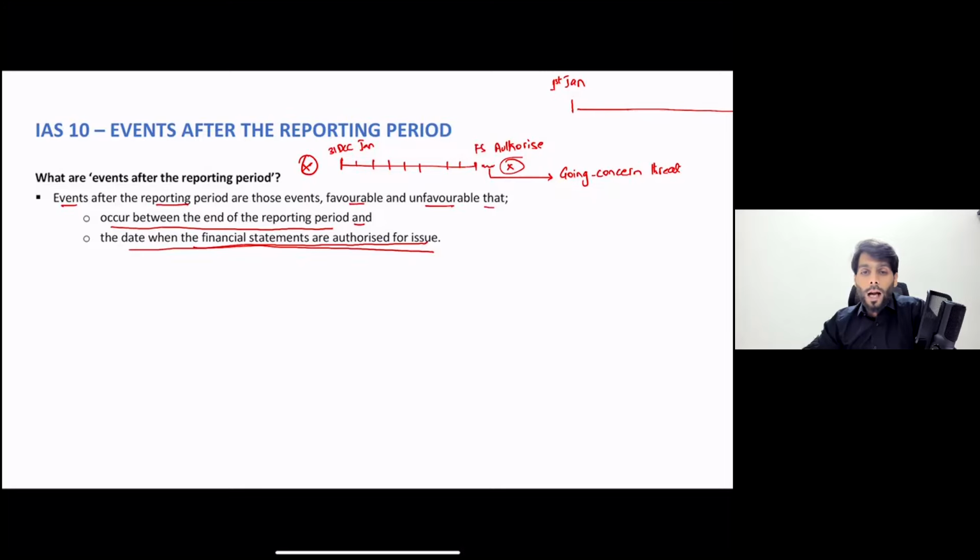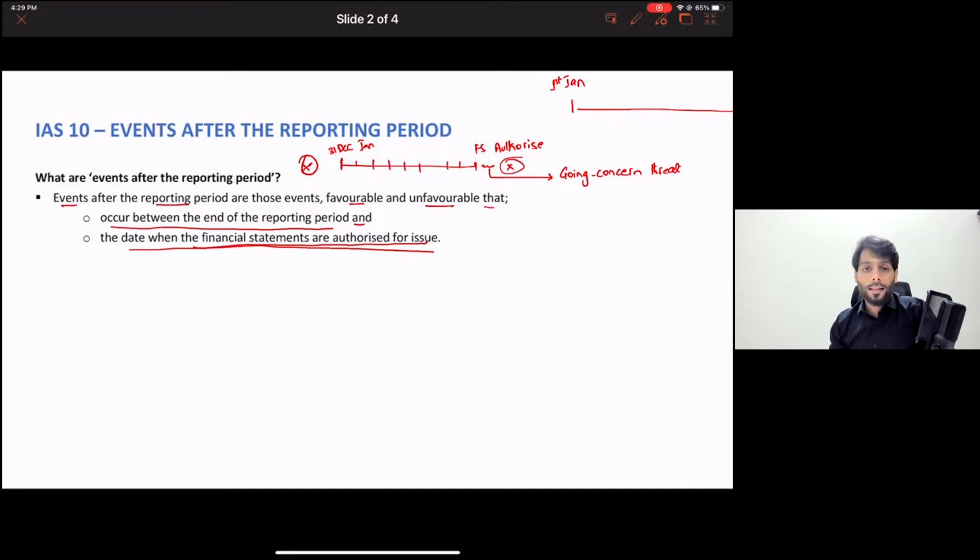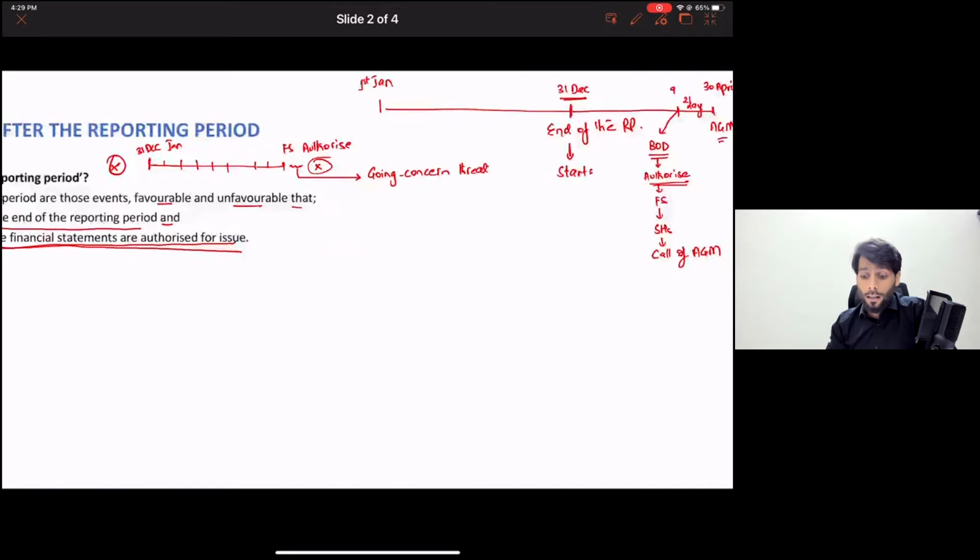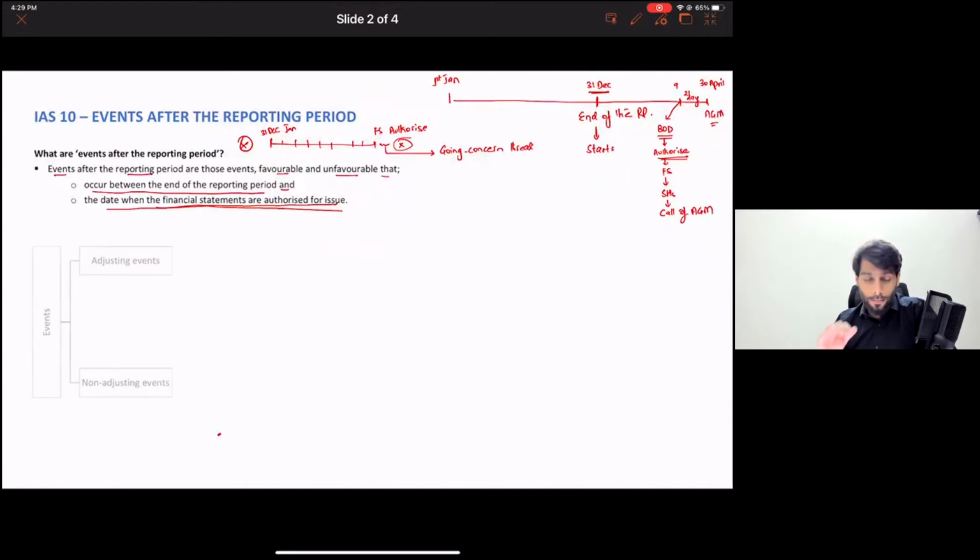So okay, now you know the purview, you know the scope of IAS 10, but what do we do about this scope? What will happen? What IAS 10 basically does is classify all events that happen after the end of the reporting period till the financial statements are authorized by the board of directors as adjusting events or non-adjusting events.